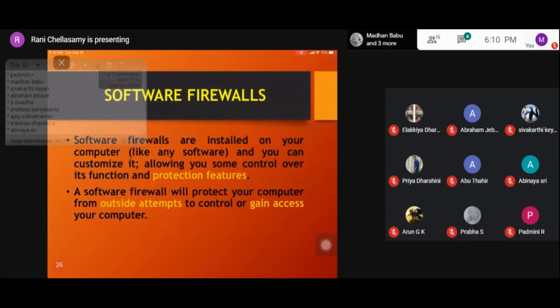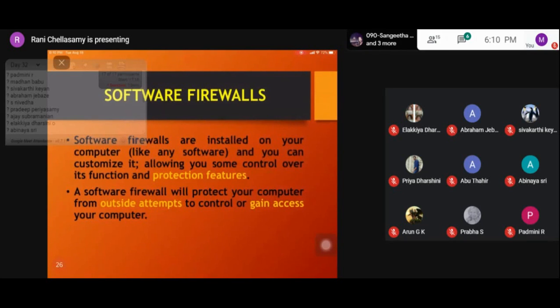So it gives some protection to the particular single personal computer. It will protect your computer from outside attempts or attacks to control or gain access to your computer. That is, some of the confidential information maintained in your system will be protected with the help of the firewall.